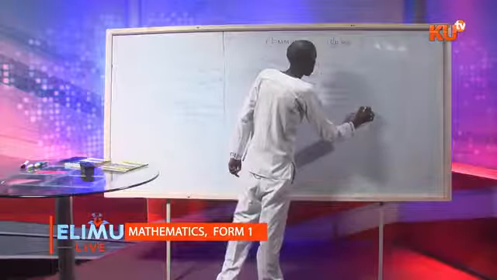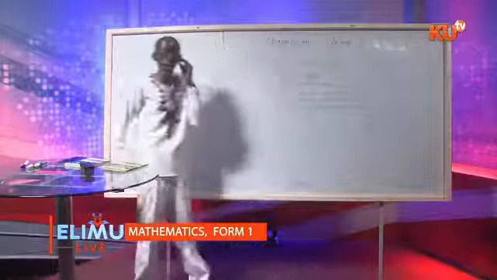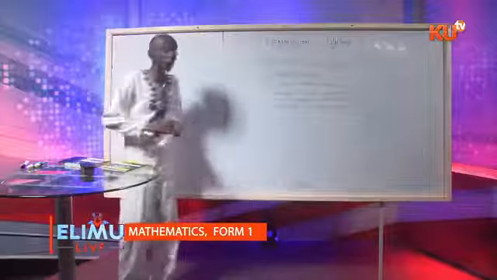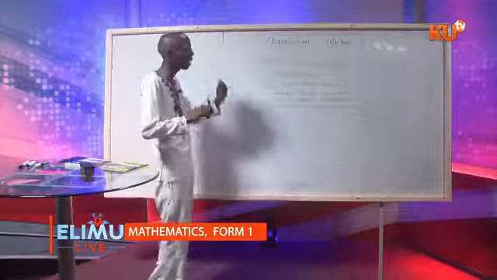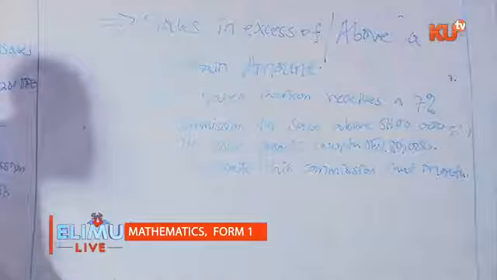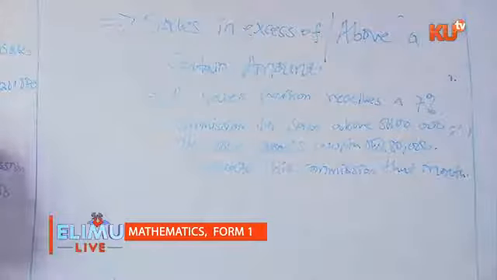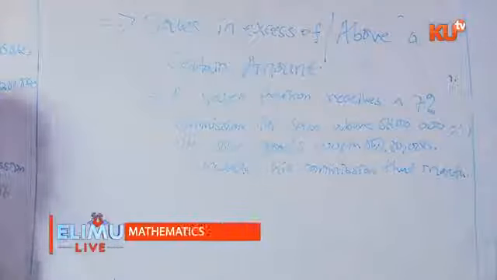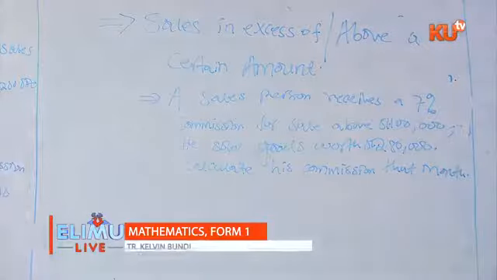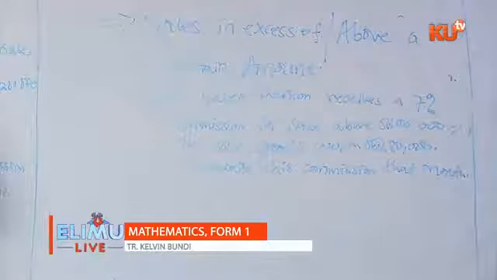So my dear student, I want us to understand this area. We are told the salesperson is given a 7% commission for sales above 100,000 shillings. What does this mean? If the salesperson sells goods worth 90,000 shillings, he is not going to receive any commission.